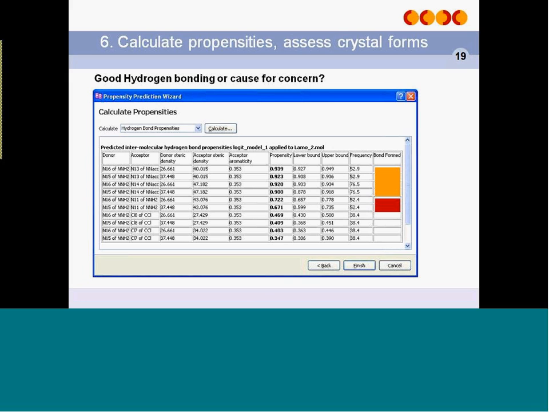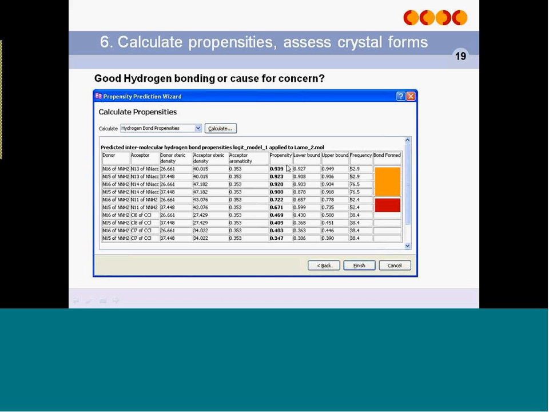This is the first piece of output really that you see from the tool in the wizard. And so this is what we have. We've got our donors here, the donors in the lamotrigine, with the acceptors in the lamotrigine, and the propensity. So these are the values that we've just read off that curve that I showed you.